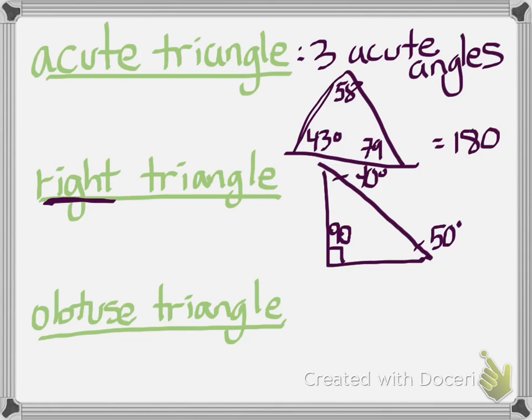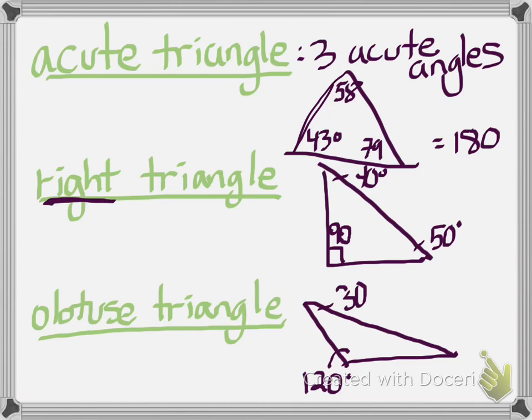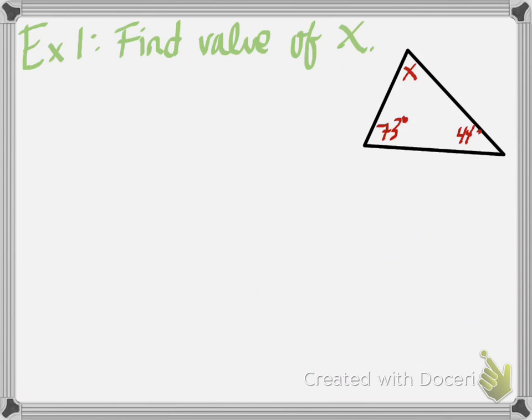An obtuse triangle has an obtuse angle, meaning there's an angle that's greater than 90. So maybe this angle is 120. This one could be 30. That gets me up to 150. That means this is 30. Okay, so those are the 3 basic types based on the angle measures: acute triangle, right triangle, and obtuse triangle.